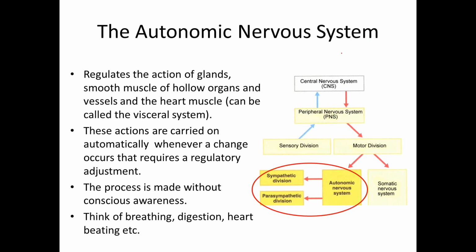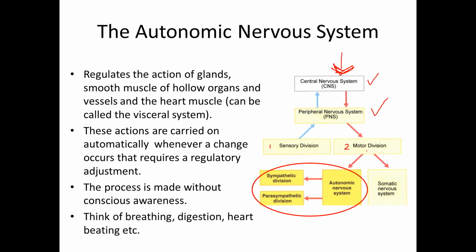Okay, here's a diagram here. This diagram is one you've seen already, and it's about the organization of the nervous system. So let's revise what we've just seen. The central nervous system interacts with the peripheral nervous system. And the peripheral nervous system, the nerves that cover your body, have sensory or motor or movement functions.